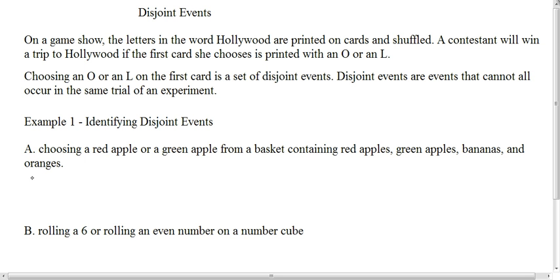So we can say that the events are disjoint. Our rationale is that you cannot choose a piece of fruit that is both green, an apple especially, and red. Because they are different, these particular events are disjoint.